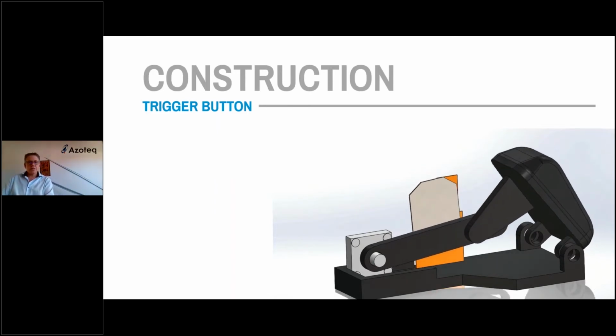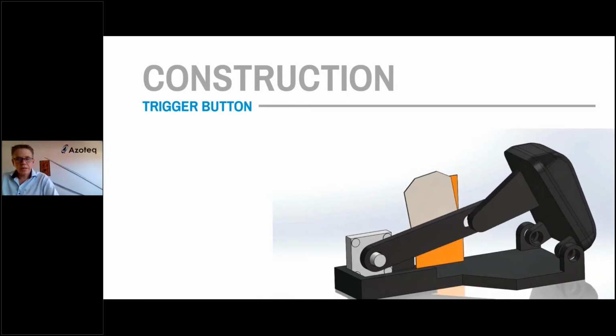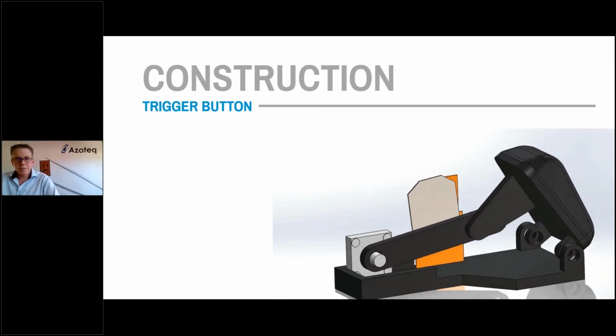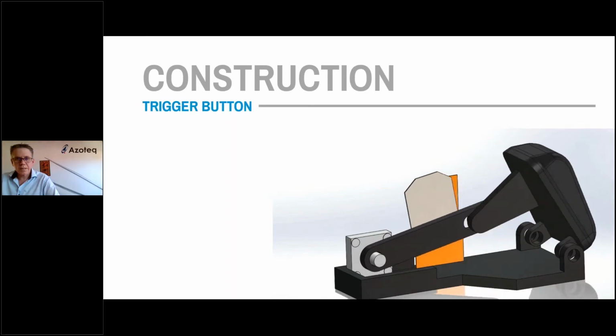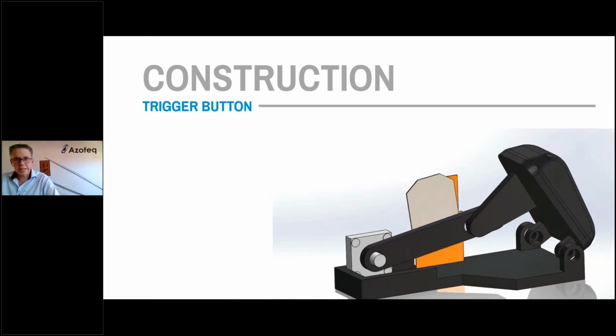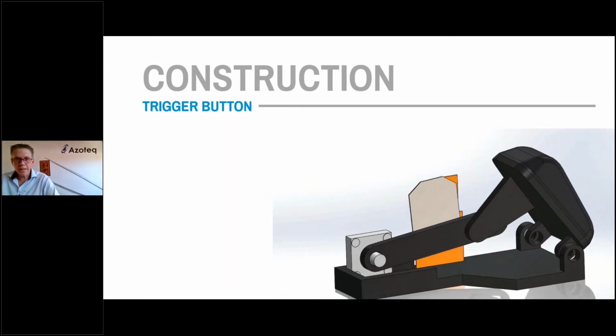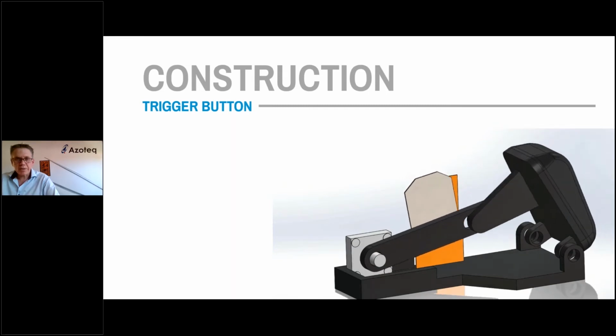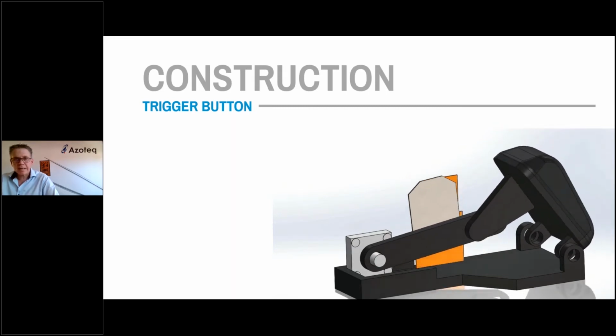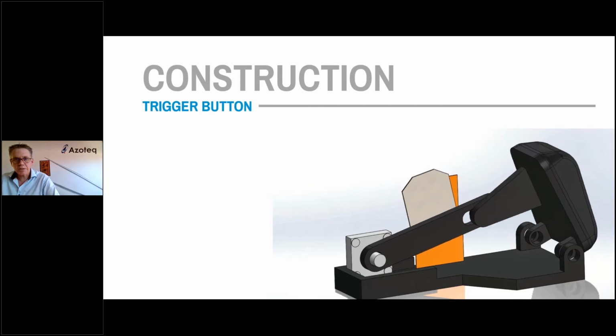Then the last idea, if we are looking again at consumer devices, is in particular an example for a gaming console controller. This is a popular user interface in the gaming space where you want a trigger button.